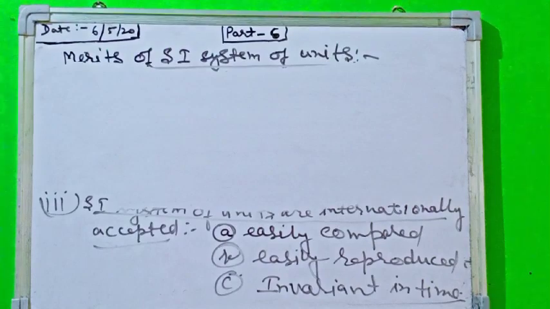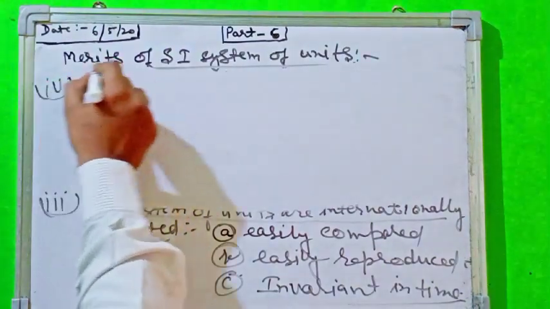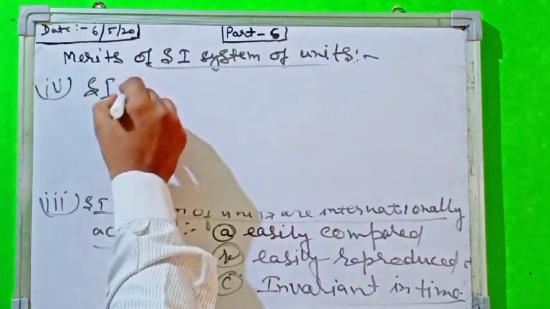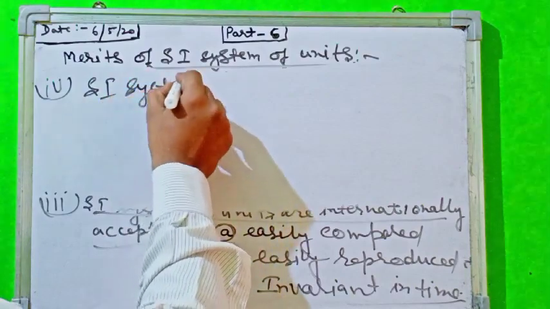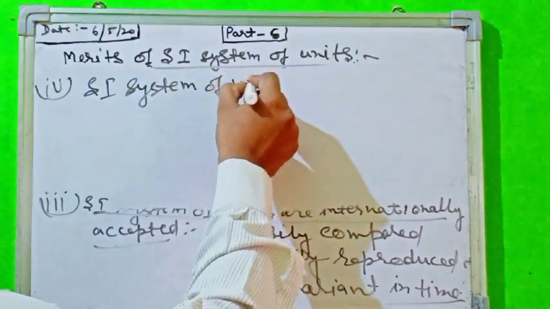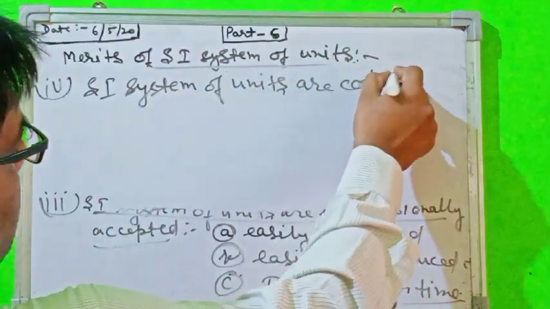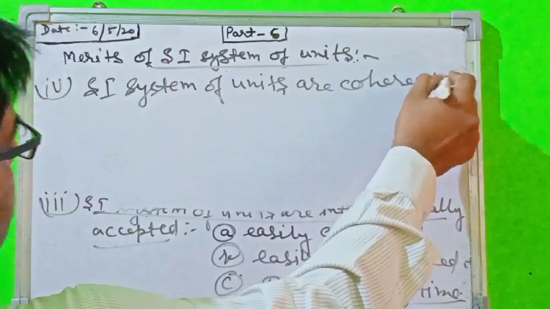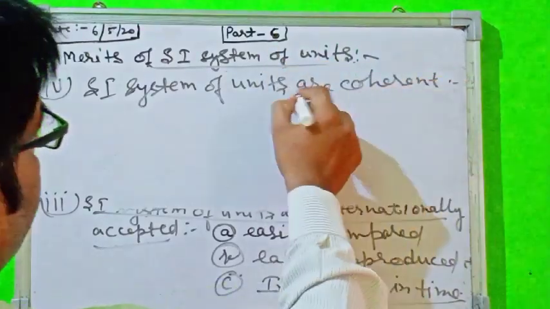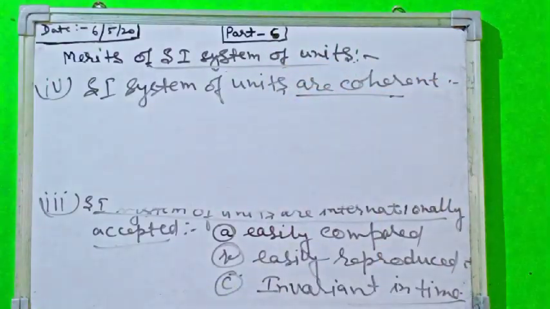SI system of units are coherent. Coherency means to say that they are interconvertible, you can convert from one value to another, from one unit to another unit also.